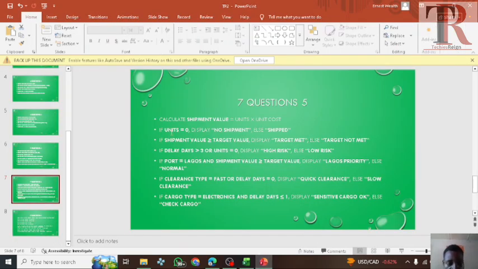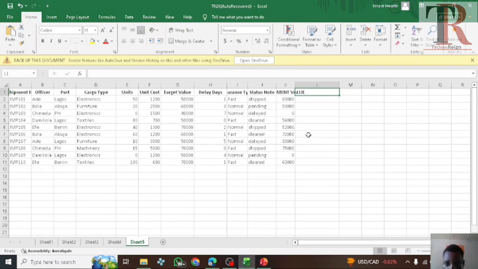So what it asks us here is if unit is equal to 0, display no shipment, else display shipped. So here we'll call it shipping status.